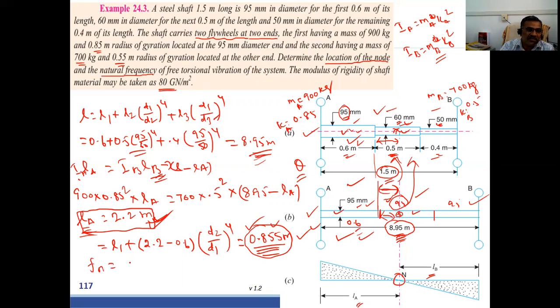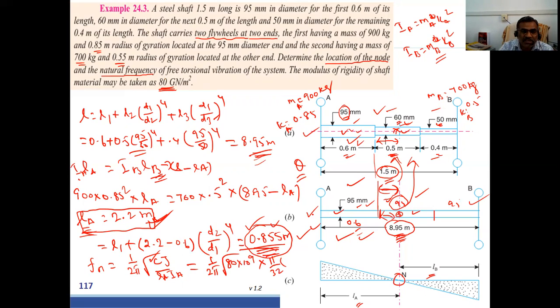What is the equation to find the frequency? 1 by 2 pi into root of CJ by LA IA. LB IB or LA IA, anyone you can put because already both are equal. So this is 1 by 2 pi into root of C, modulus of rigidity, 80 into 10 power 9, and J is equal to pi by 32 into the diameter. Which diameter?